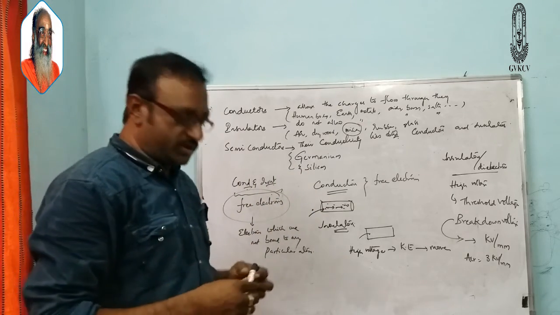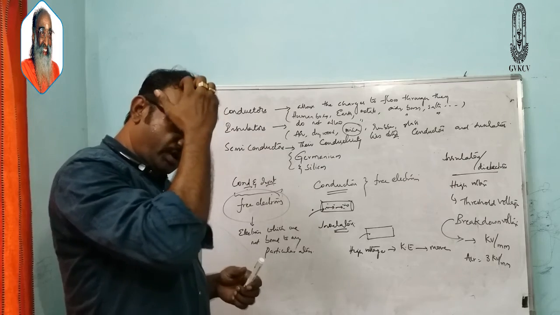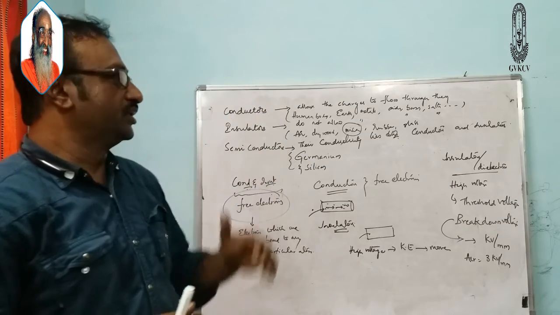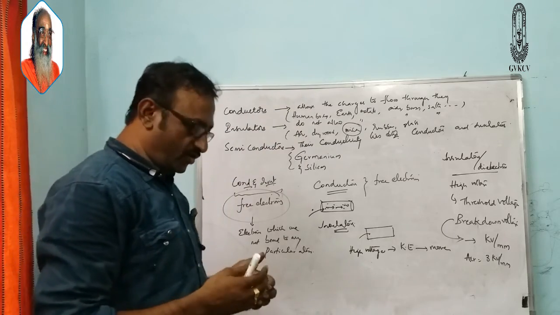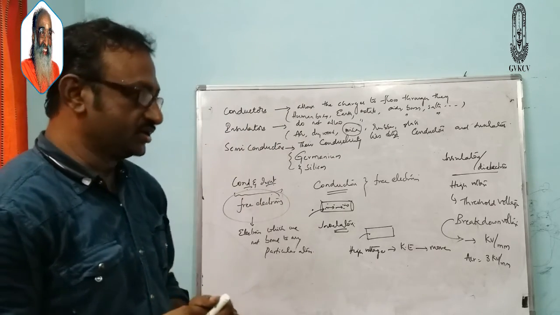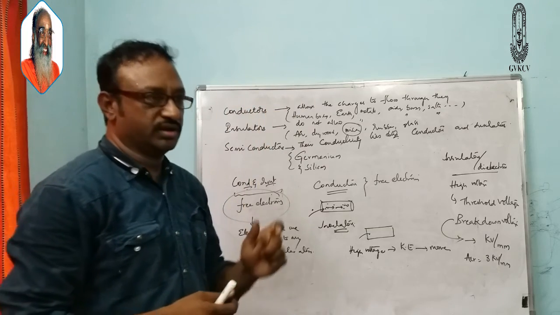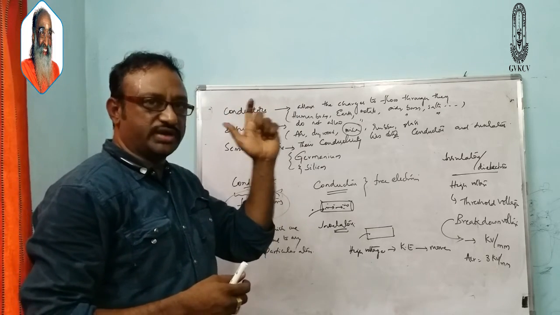And we can take one more example here. You might have observed when you are moving near high voltage lines, HT lines, high tension lines, you hear a hissing sound. Why is that hissing sound there?